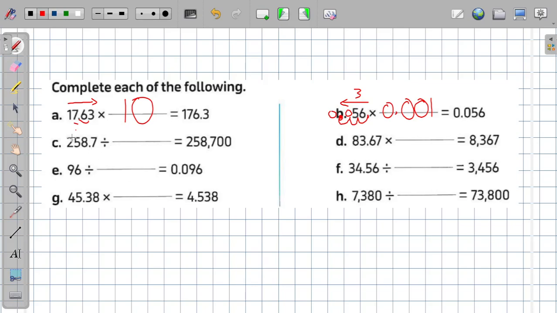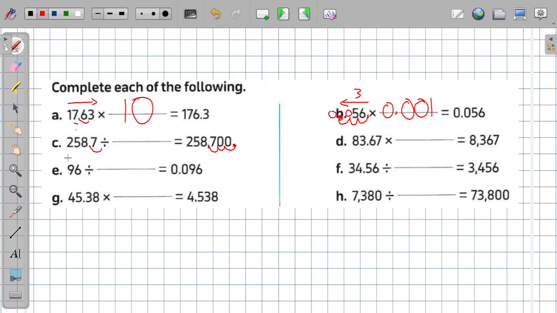Next, we have 258.7 divided by a number equals 258,700. So we moved the decimal point to the right, 1, 2, 3 places.